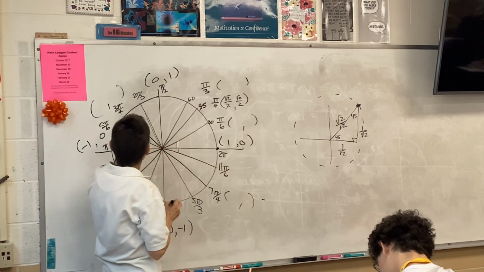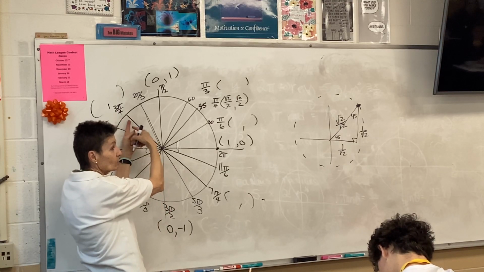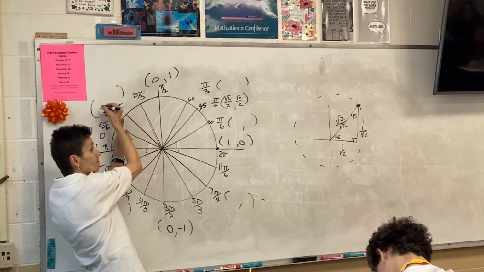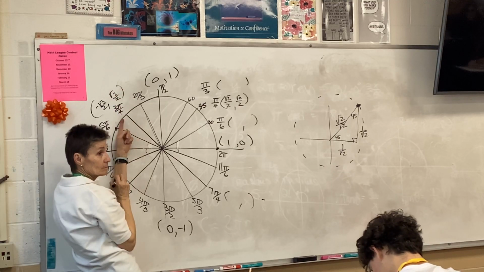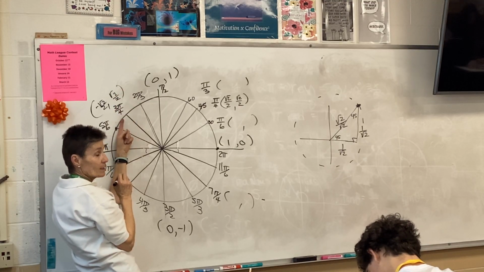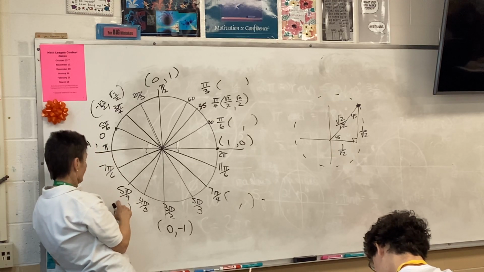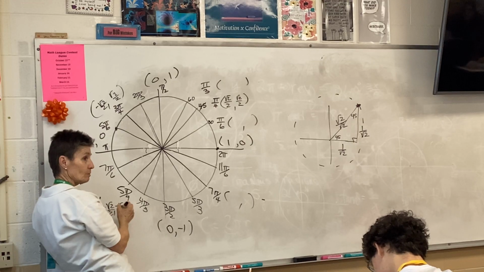What does that make the coordinates of this guy over here? He is another 45-degree angle, but now he's in quadrant 2, so his numbers are going to be negative root 2 over 2, root 2 over 2. And how about the 45 down here in quadrant 3? Negative root 2 over 2, negative root 2 over 2.